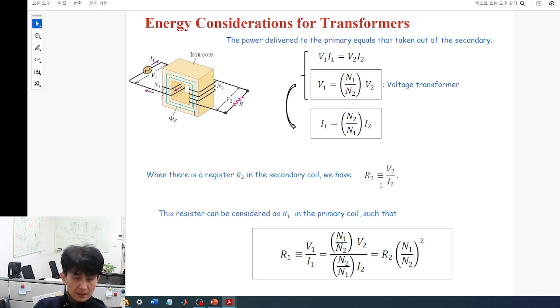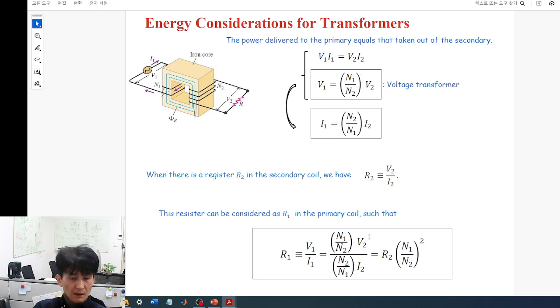Then R1 is defined as V1 over I1, where V1 is given like this and I1 is given like this, with the relation between V2 and I2. Then we have this.